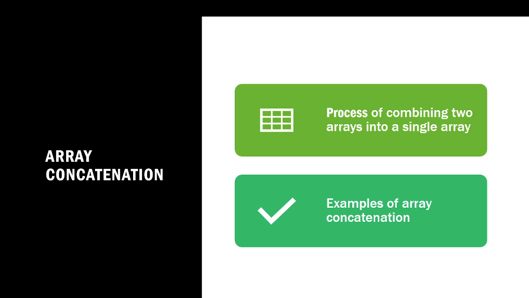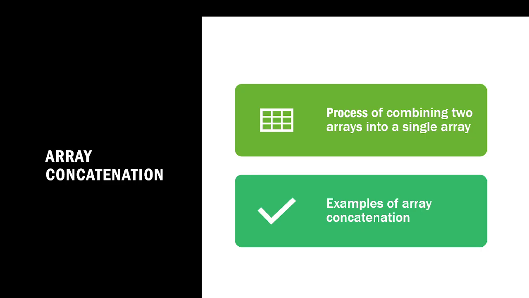Array concatenation is often used to merge datasets, facilitating the creation of a unified array that retains the elements of the individual arrays in their order. This operation is used in applications like combining datasets or extending arrays to accommodate additional information.